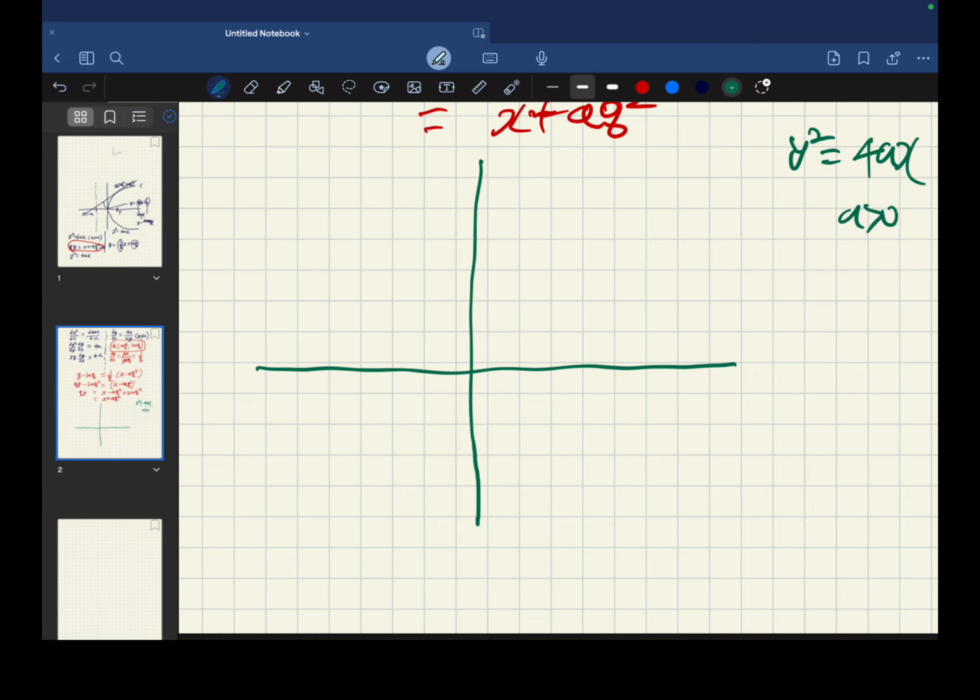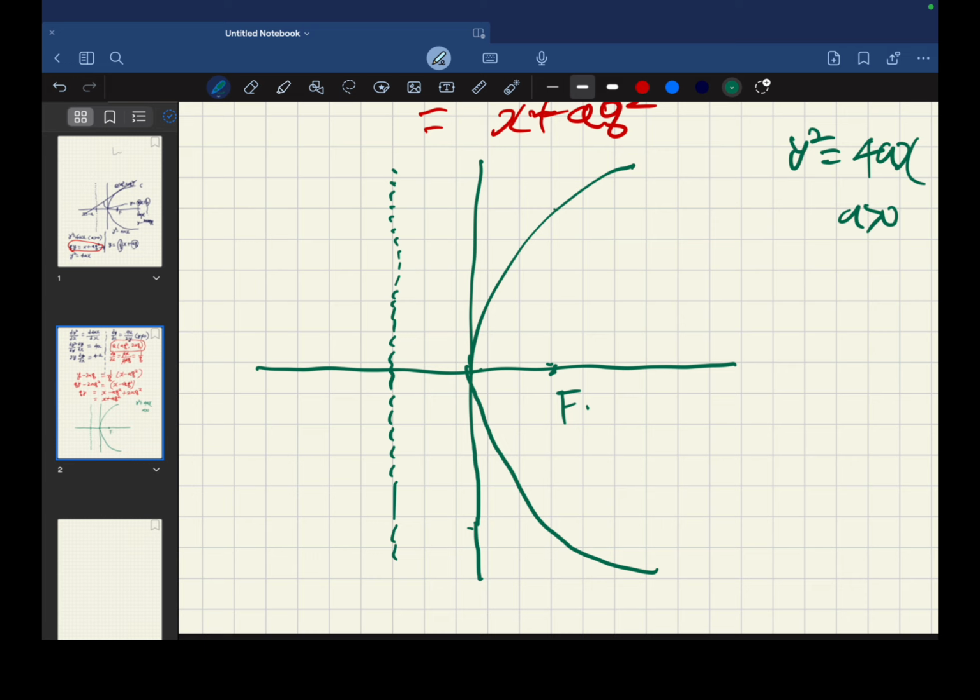Since a is positive, the directrix must be here, and the focus of the parabola must be here. And let's draw the Q here.